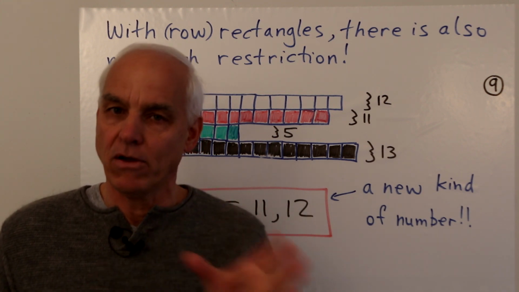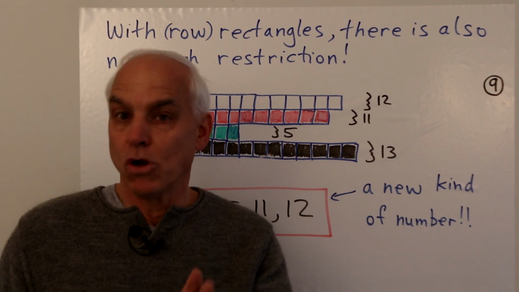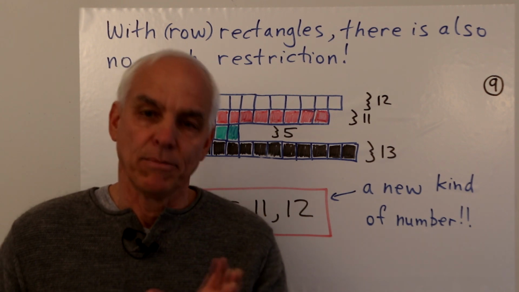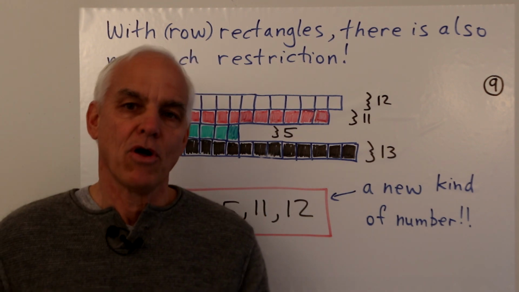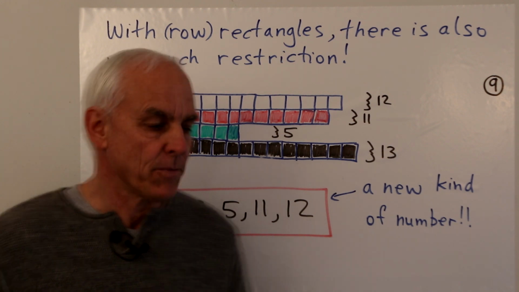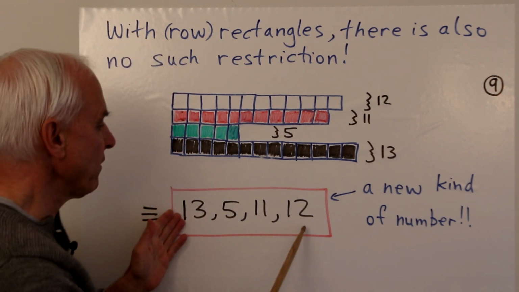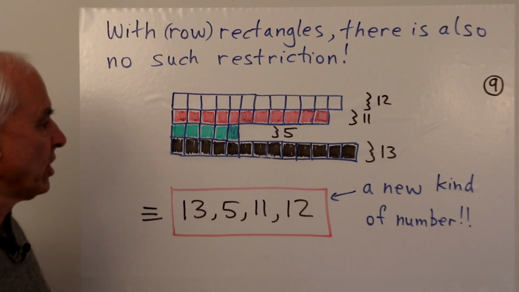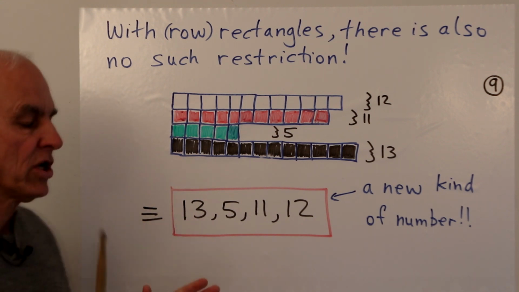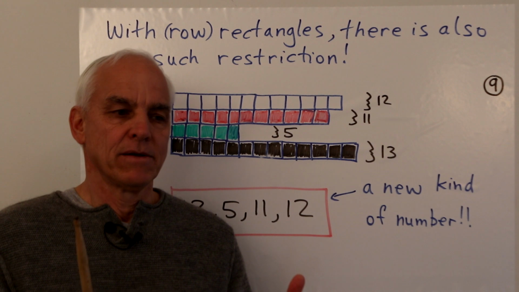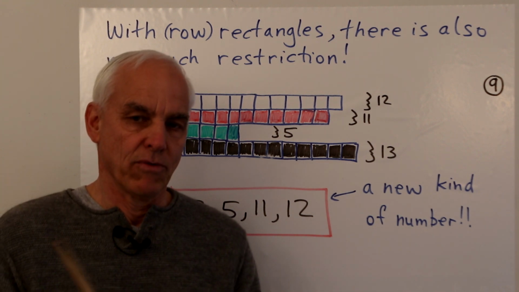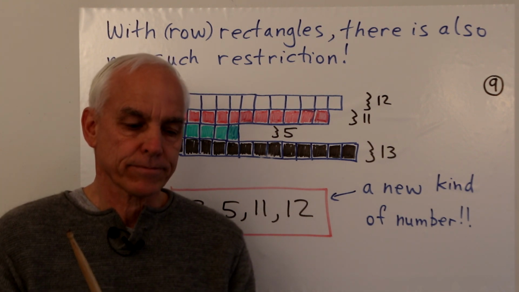It is something else. It's something closely related, but it's something different. We're going to call them open numbers in our next video. Okay? So this is a new kind of number which will turn out to be hugely useful in teaching young children to do arithmetic well.